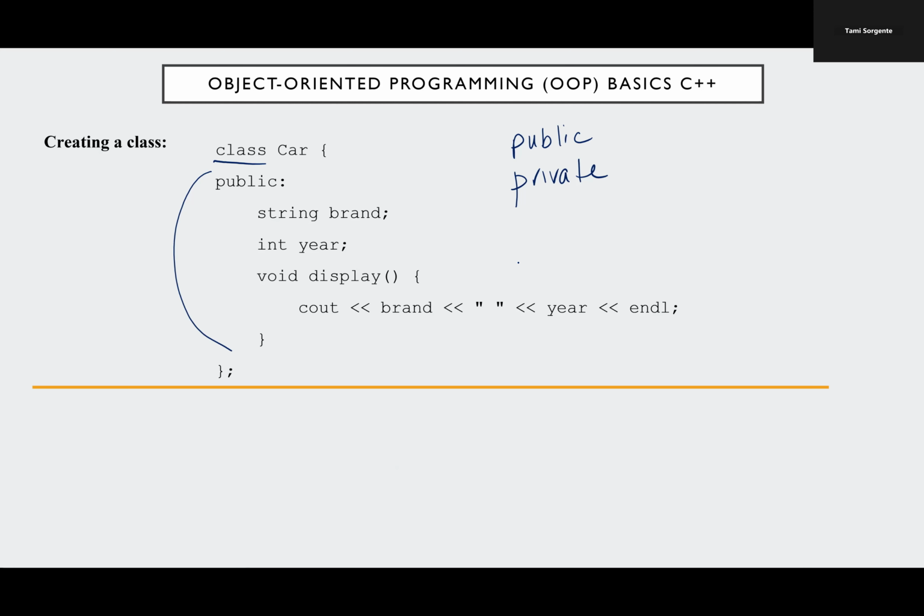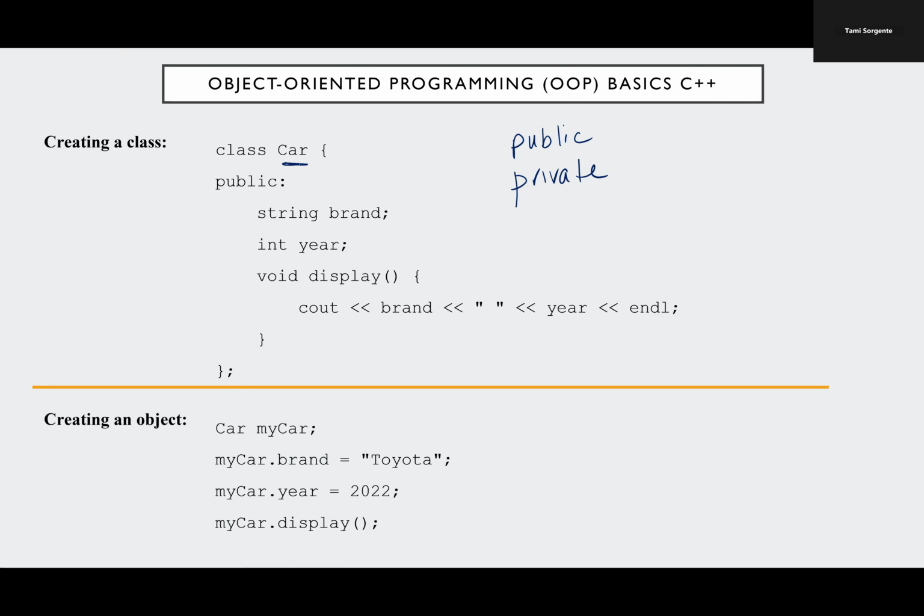Now, once you have defined your new class, called car, you can declare objects of type car. So this is an object of type car. This is the name of my object. And you use what's called the dot operator to access the member functions and the member variables.